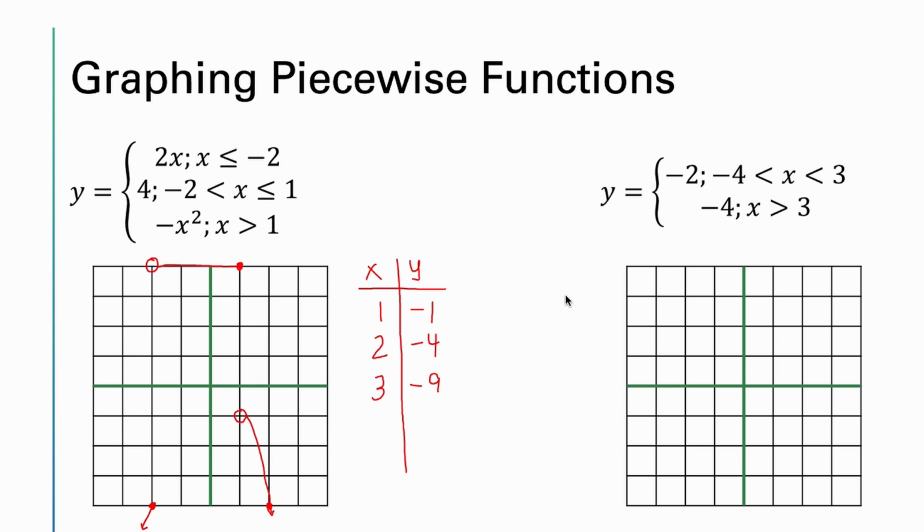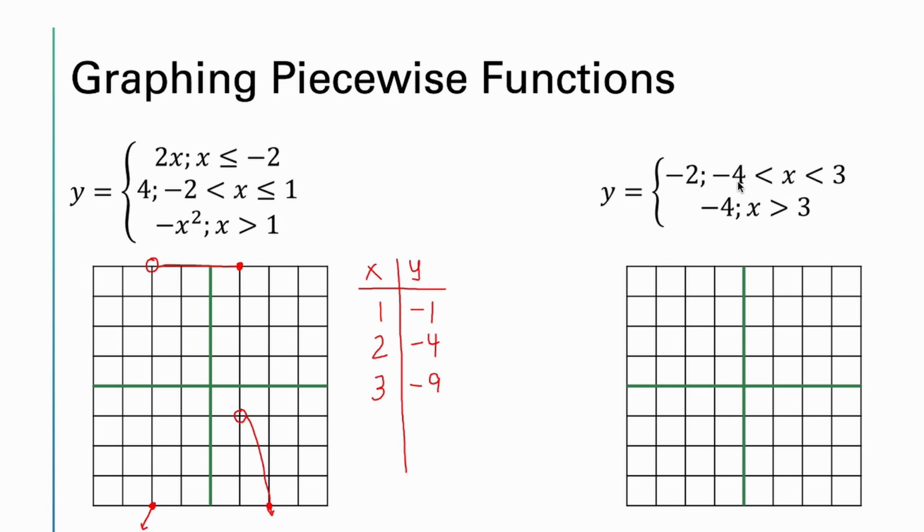You don't need to worry about that right now. So let's take the first rule. -4 is less than x and x is less than 3. Now, since y is equal to -2, it's going to be -2 for all x values, but in this case, it's only going to be for this interval.